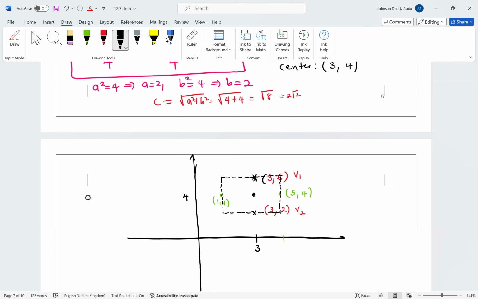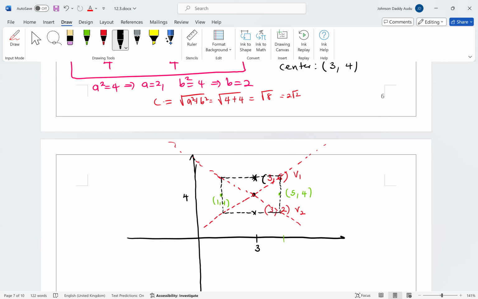Okay. And then we will have our center here. So let's have these verticals through the center, and then also here through the center. Keep going.